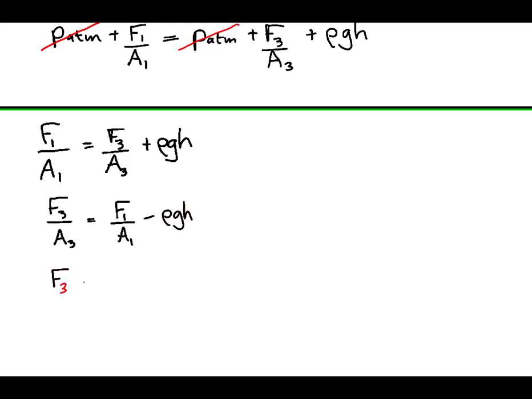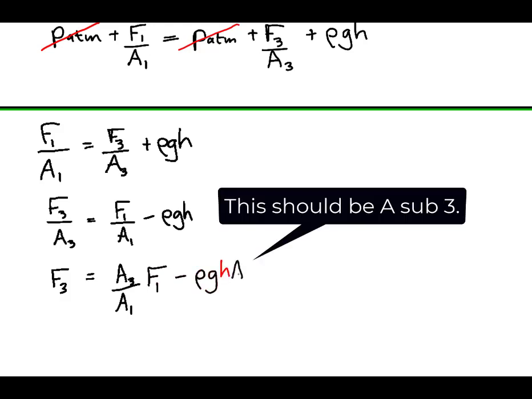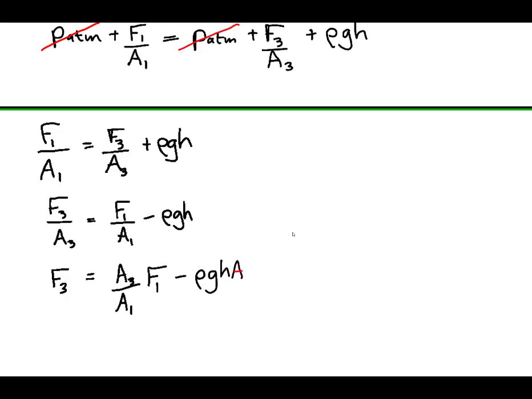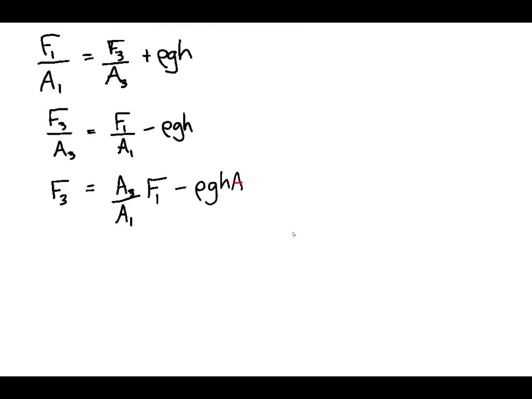Multiplying through by the area A3 of the larger piston, we have the ratio of the areas of the larger and smaller piston, A3 over A1, times the force supported by the smaller piston, F1, minus the product rho, g, h, and A3.